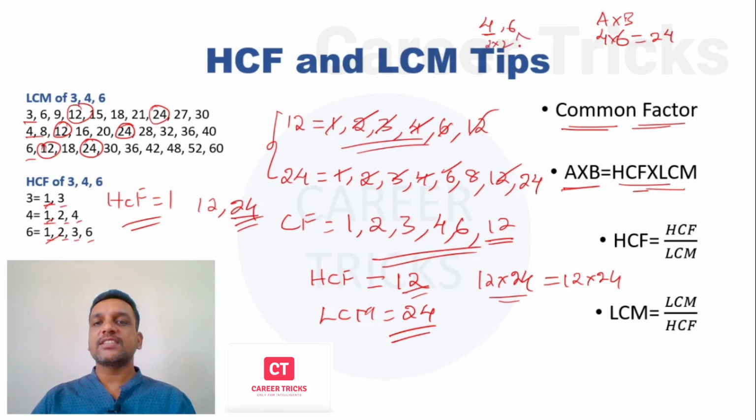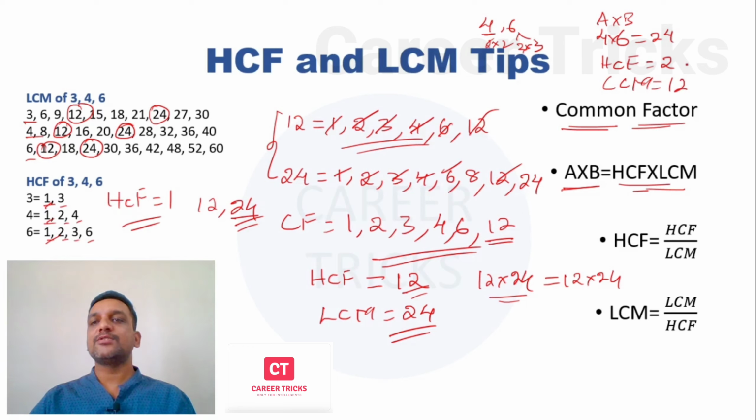The factors of 6 are 2 into 3. The common factor is 2, so the HCF is 2. If I go with the least common multiple, that is 2 into 2, 4, 4 into 3 is 12. That is, LCM is 12.